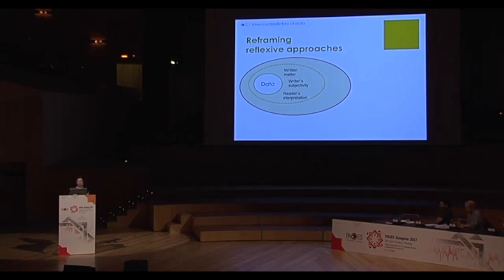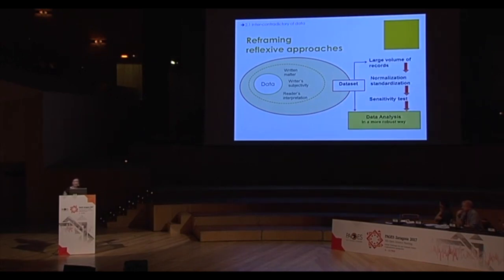So we are facing some challenges in reconstructing climate from these historical records. Let's face it, those are the limitations. What we propose now is to build a more reflexive approach to test those historical data. We are proposing to set up a big data set, in which you can have a large volume of records.